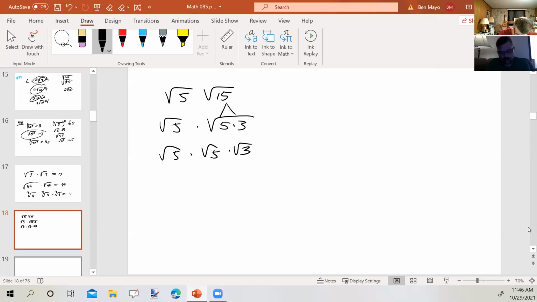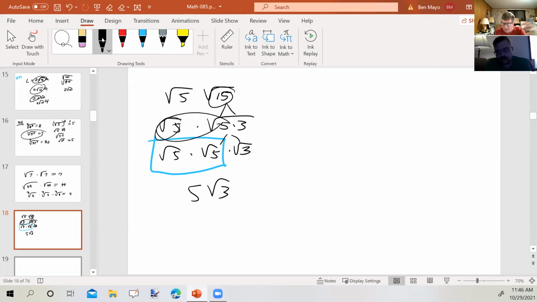In other words, this becomes this, which becomes that. So far, so good. But this is what? That's 5, and then the square root of 3. In other words, the square root of 5 times the square root of 5 is 5. So I pulled the square root of 5 out of that to put it with this one to make a 5 outside the radical, and then square root of 3. So you okay with that?